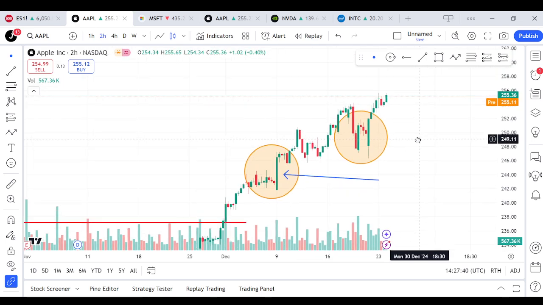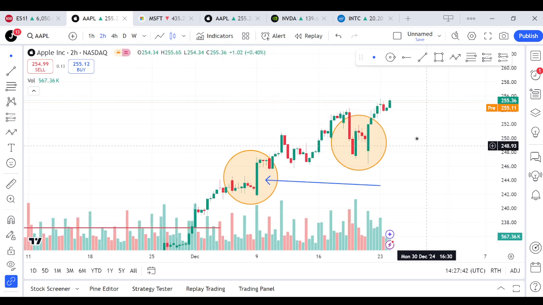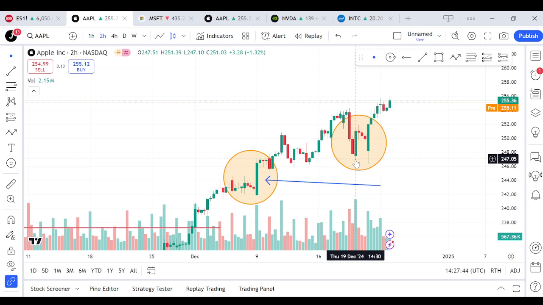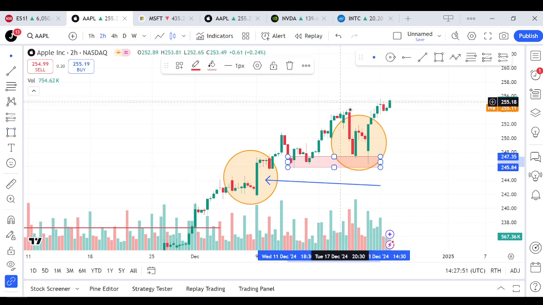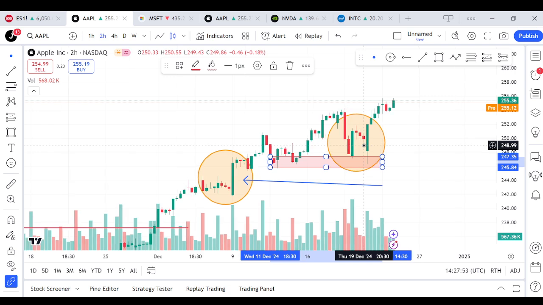And we have another example here, and as you can see, we had this pullback into this level. There is a support level right here. We had this pullback into this level, and we had the rising three methods right here. The first candle is the bullish candle, and it had three small candles all within the range of the first candle, and it fails to go below this first candle's low.